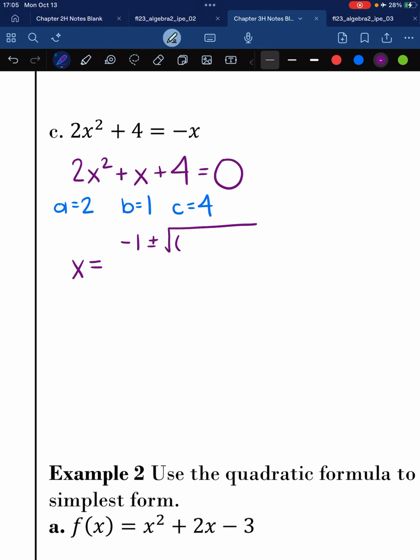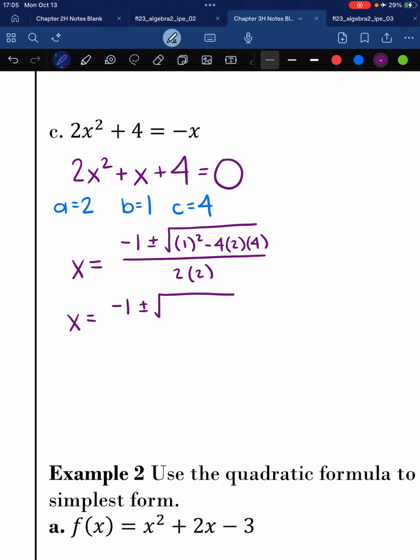Okay, so x equals negative b plus or minus the square root of b squared. Make sure you put b squared in parentheses. That's where a lot of students will go wrong in this. But b squared minus 4ac all over 2a. Okie dokie.